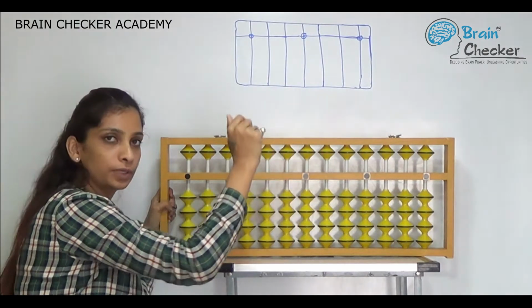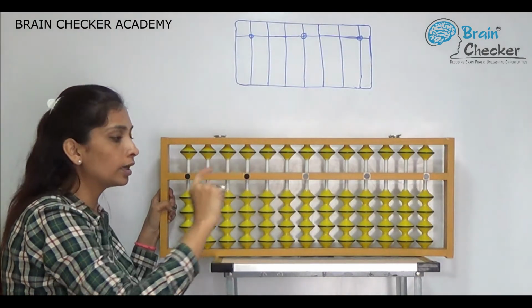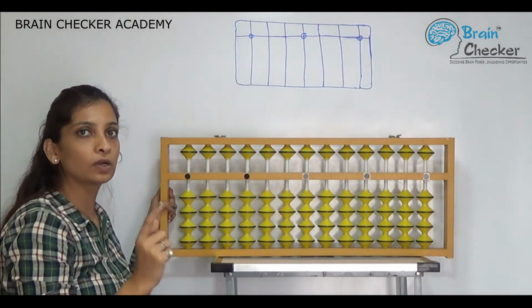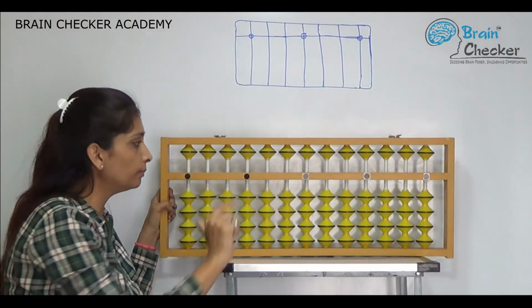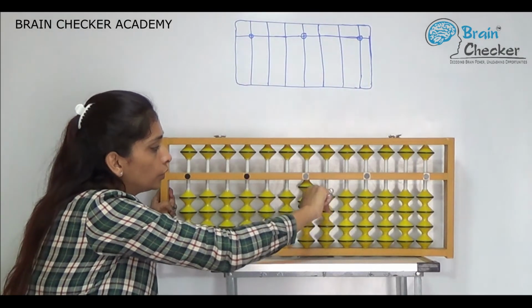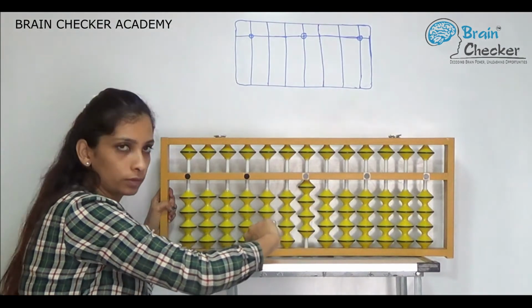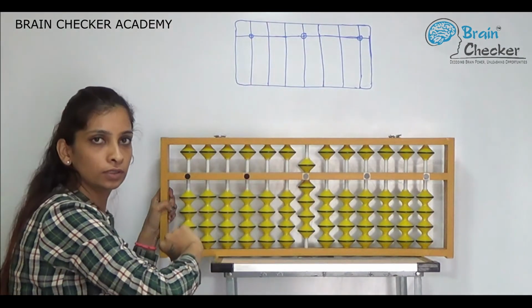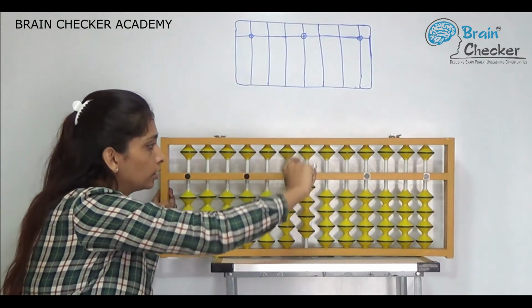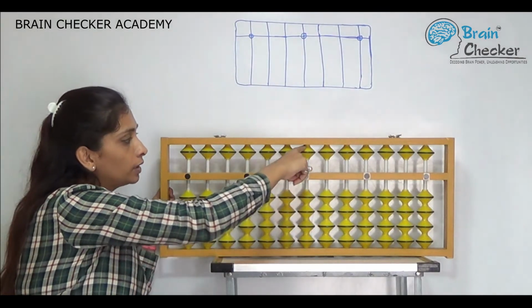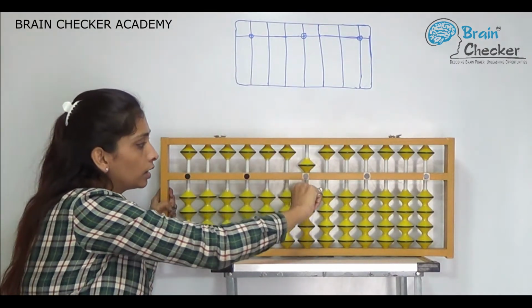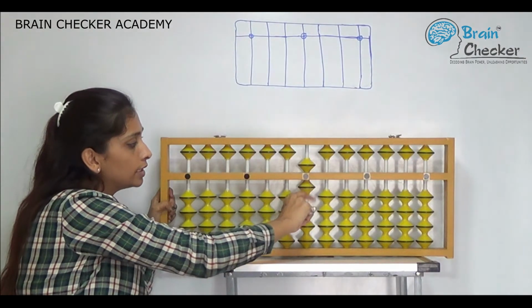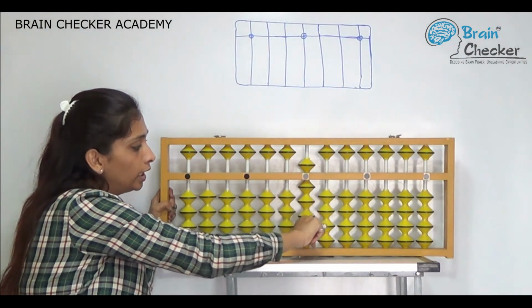Now we'll do it together, and this time we'll say the numbers, not the beads. 1, 2, 3, 4, 5. Now again, if I take 5, then 6, 7, 8, 9.